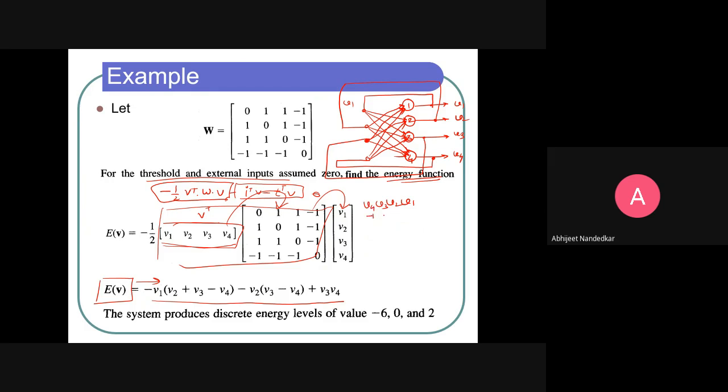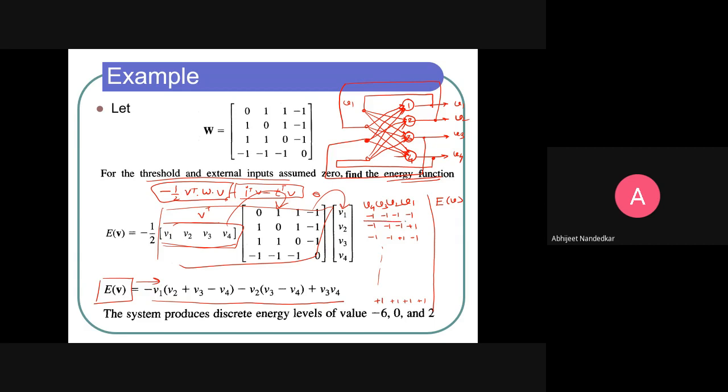Then I start with the minimum possible combination -1, -1, -1, -1. Then I can keep on changing values of the V's. It's like a binary number, and then you will go up to +1, +1, +1, +1. Now for these combinations, you will find out from the equation what is E(V).